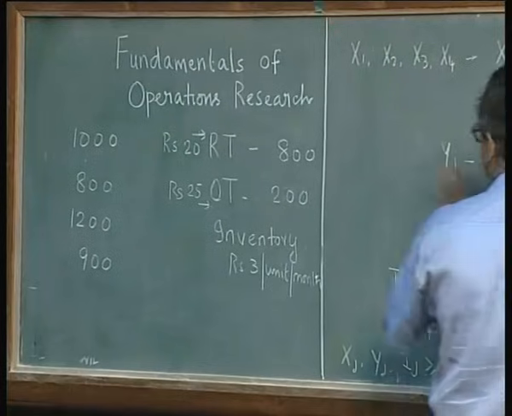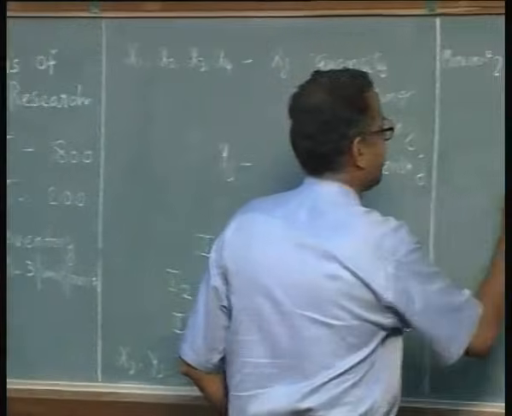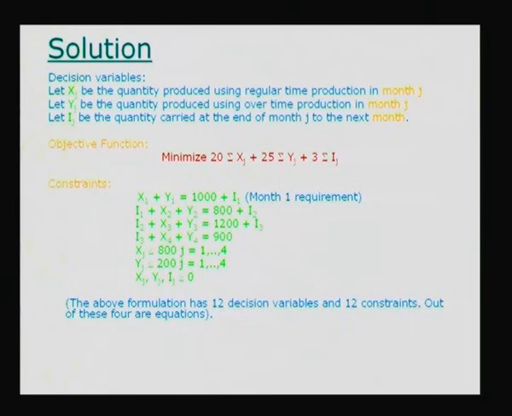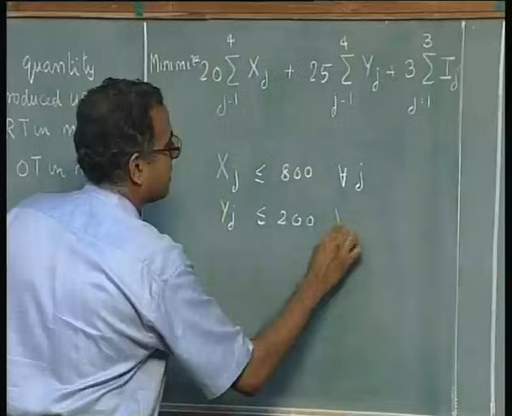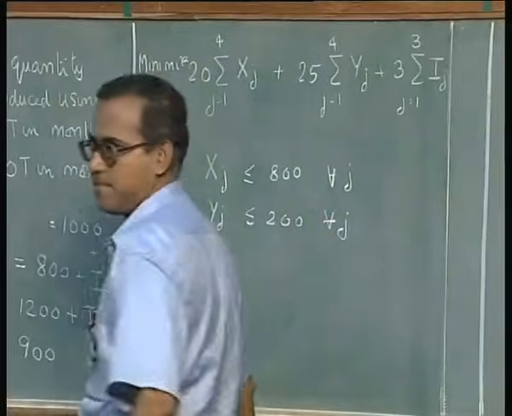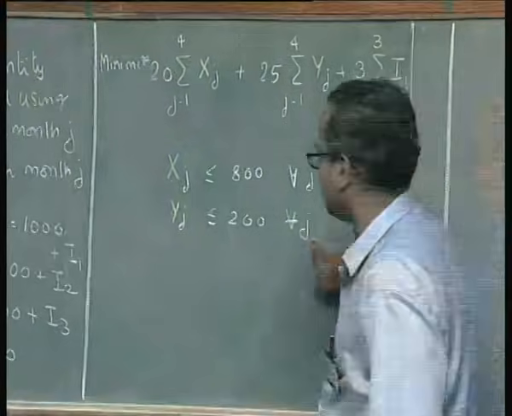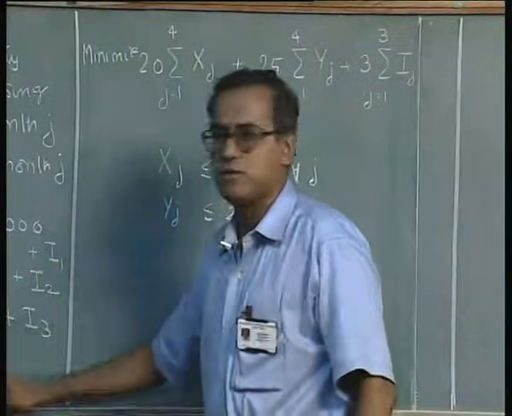So, these constraints will now be xj less than or equal to 800 for every j, and yj less than or equal to 200 for every j. So, we have 4 constraints here, 4 more constraints here, and 4 constraints for the 4 months.